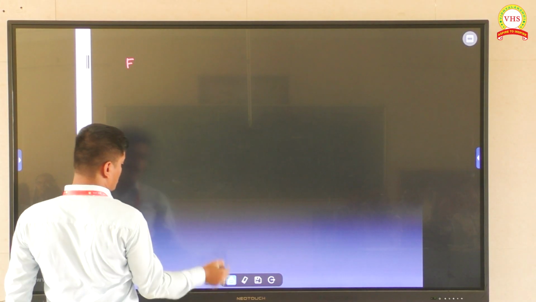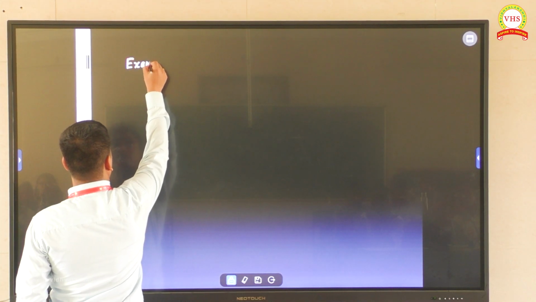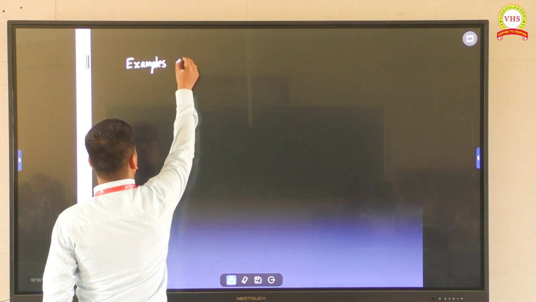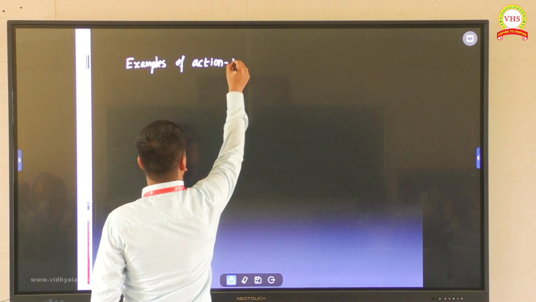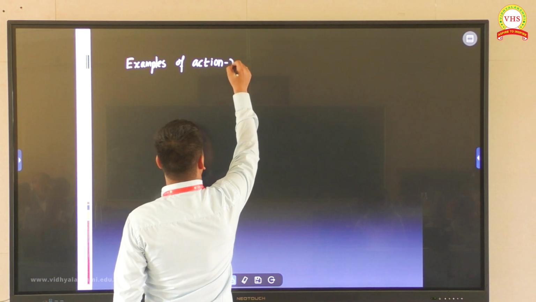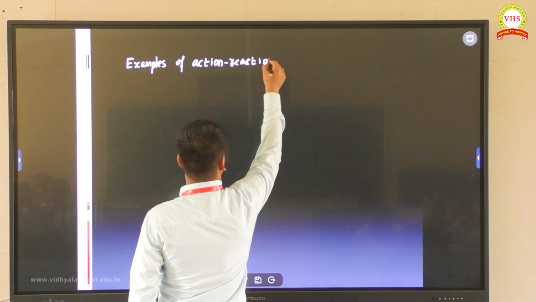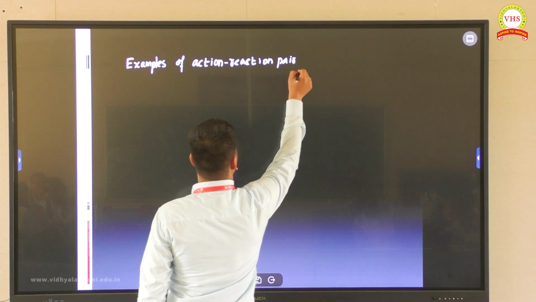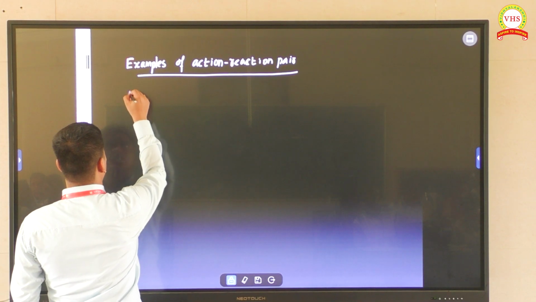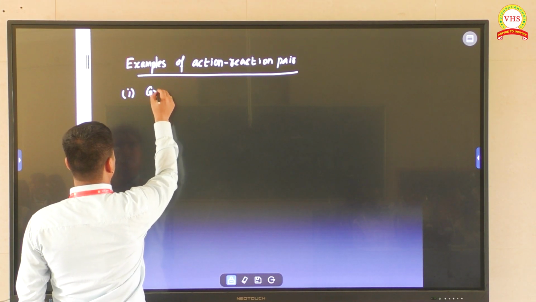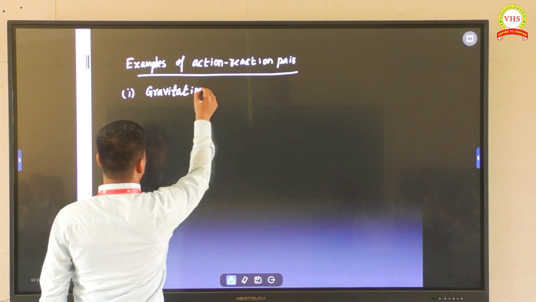Write some examples of action reaction pair. What are the examples? Listen, first, gravitational force.